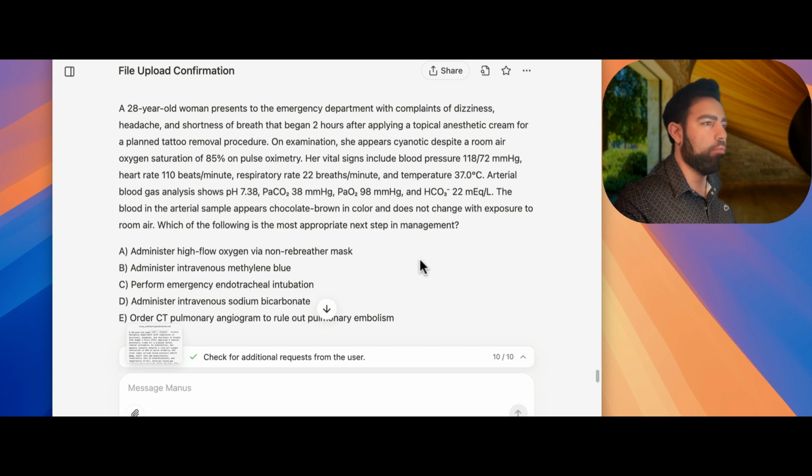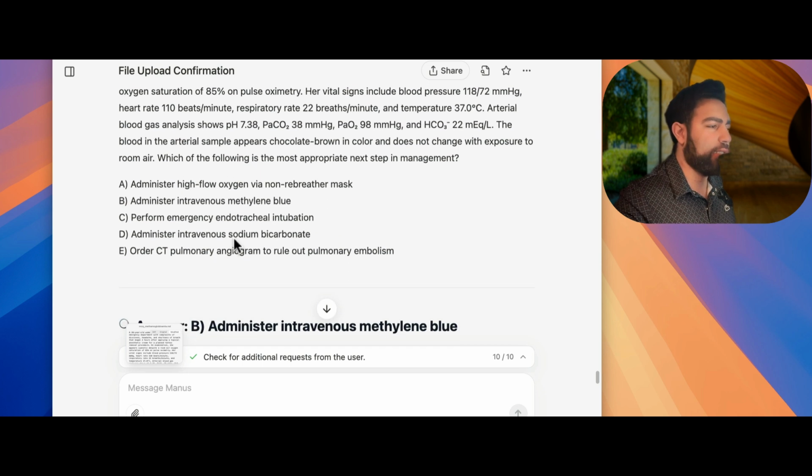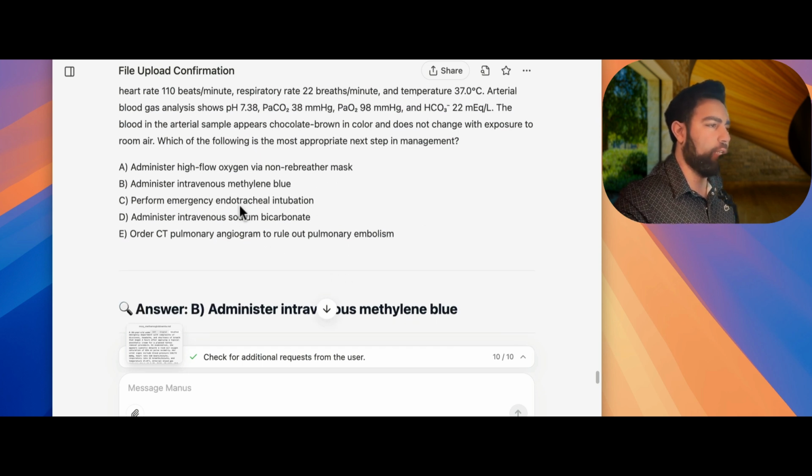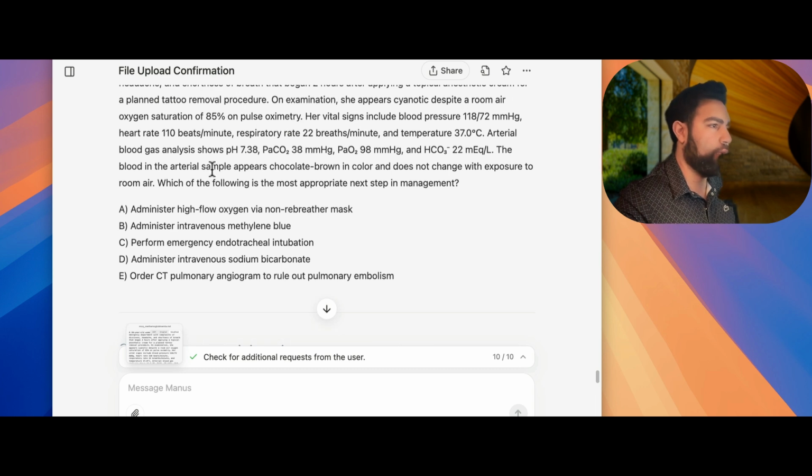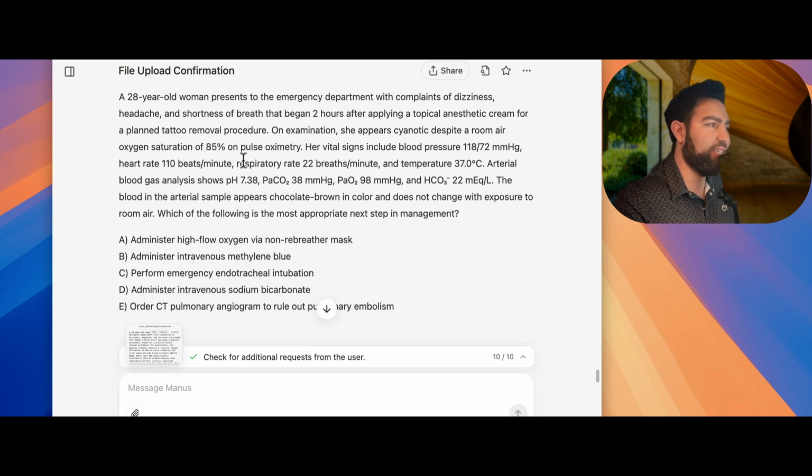All right. So, of course, this question is testing you on methemoglobinemia, and I've had the luck to actually see a patient or two during my residency. The patient was clearly cyanotic, but the context was not a topical anesthetic cream. It was actually a patient using the Azo medication for UTI.